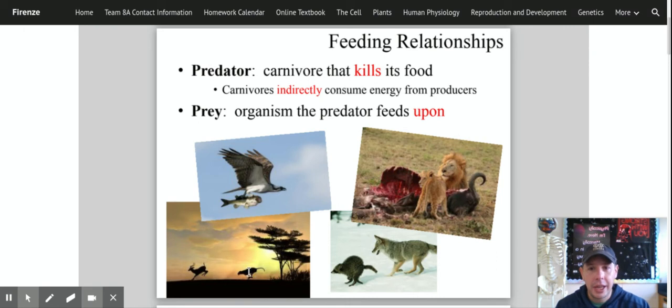I think it's a cheetah, is the predator chasing the antelope, which is the prey. We have a wolf here chasing a raccoon. He is the predator. The raccoon is the prey. So predators hunt and kill prey for its food, which really means predators hunt prey in order to gain energy. So this is one type of feeding relationship.